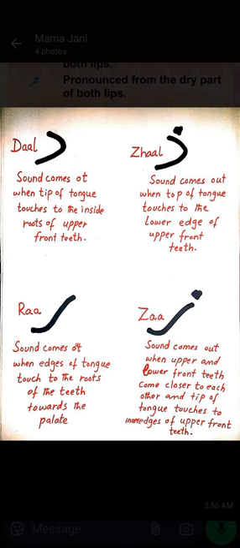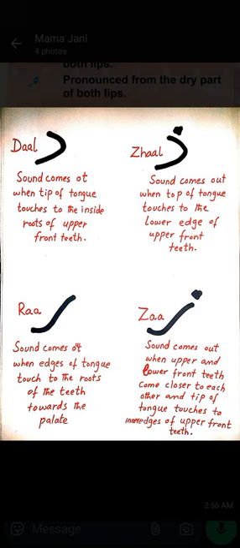Alhamdulillah, we are learning all this, the Arabic alphabets that are related to Quranic Arabic, the divine message of Allah.